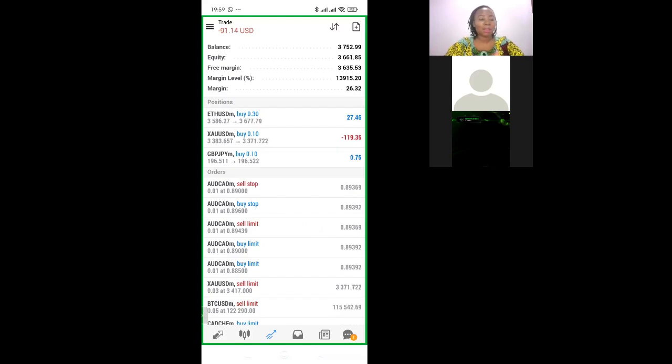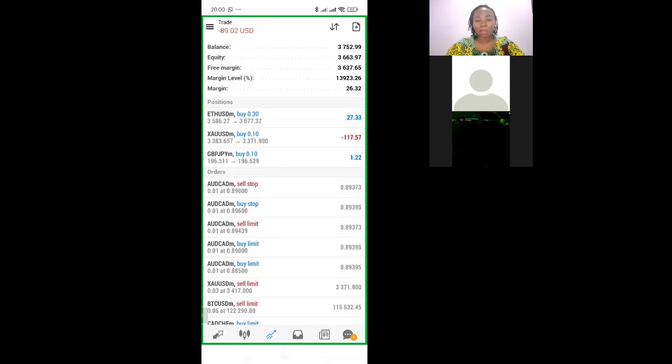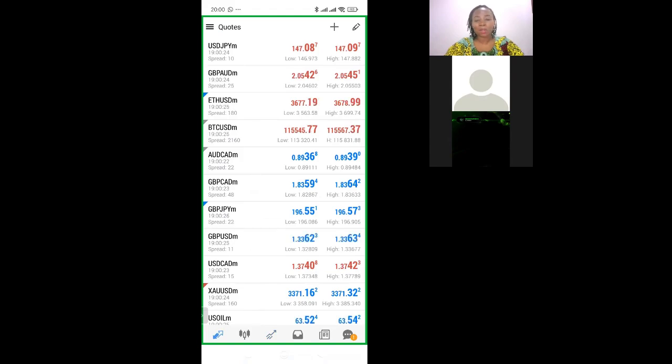So that is how we have looked at the different components of this MT4. Apparently, it's a similar thing you find on MT5, the same way to take trades, the same interface and all. You've also looked at the different ways you can take a trade.